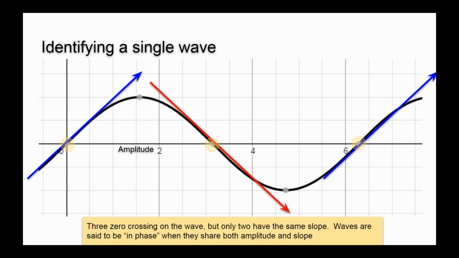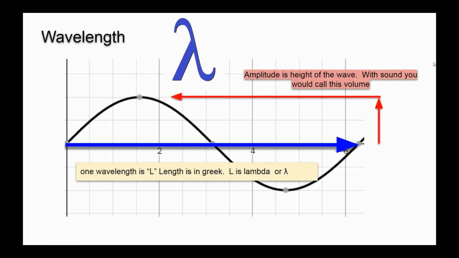So we pick two spots on a wave that have the same amplitude, the same height up and down on the wave, but they also have to have the same slope going on. And in this case, it's the first and third zero crossing that you use. You can also go peak to peak, trough to trough to locate your wave.